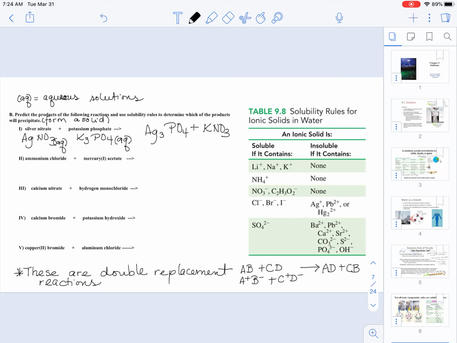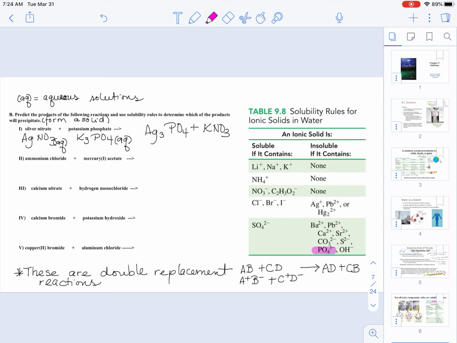Now let's determine if this silver phosphate and this potassium nitrate are either aqueous or solid. So your options for predicting the products is always going to be, for these type of problems, aqueous or solid. So let's get started with silver phosphate. First we look at the anion, which is phosphate.